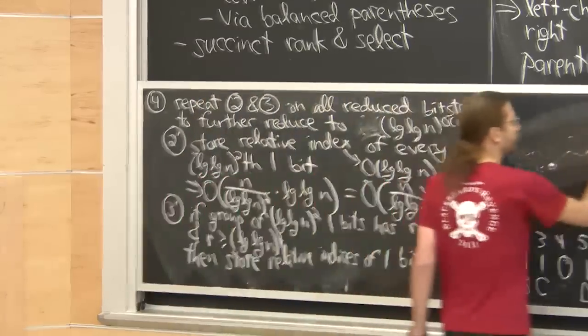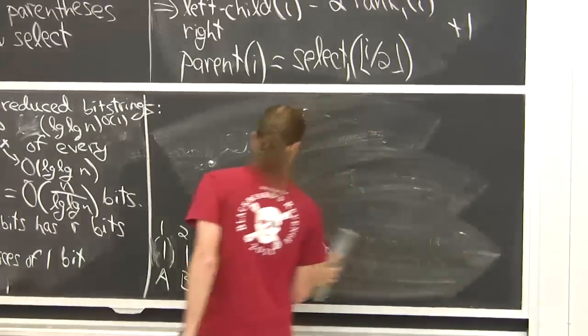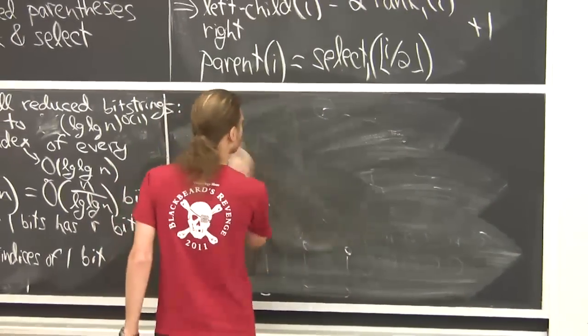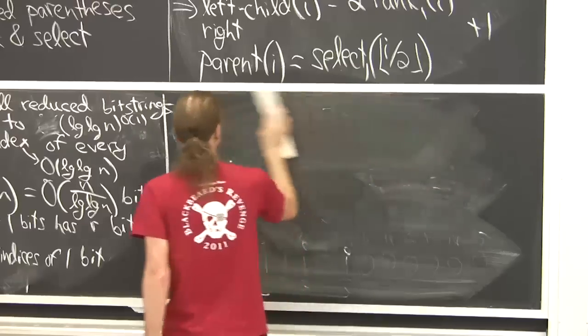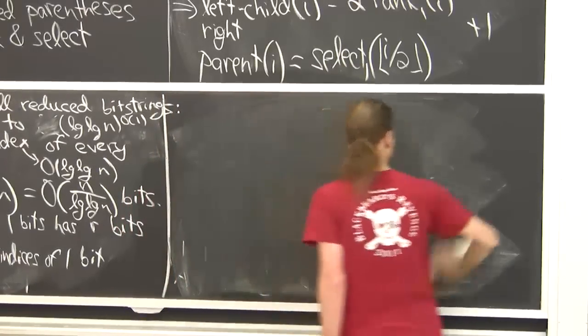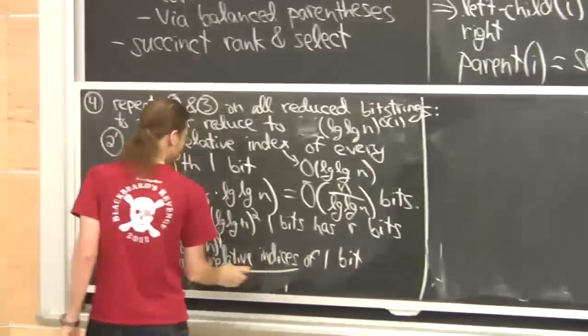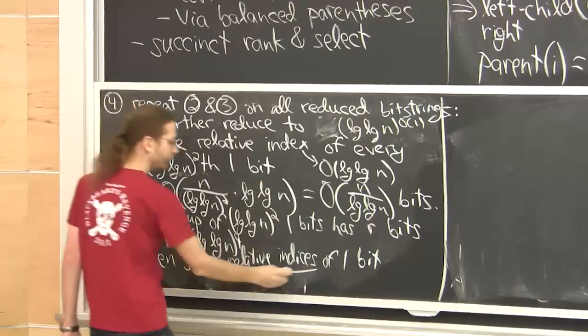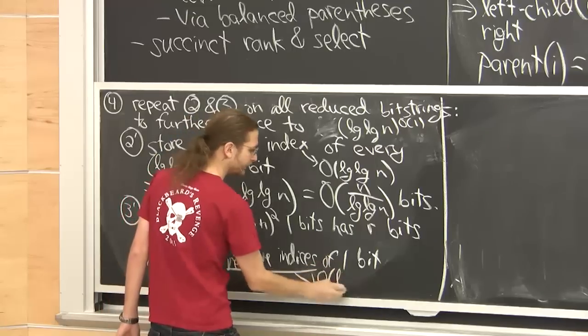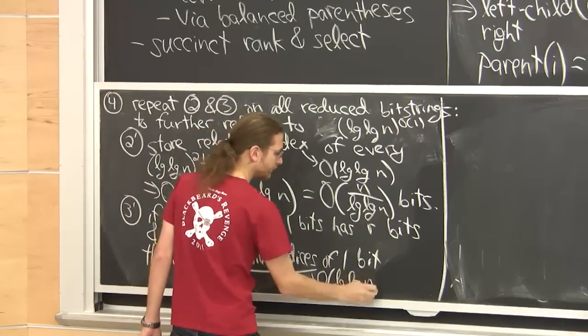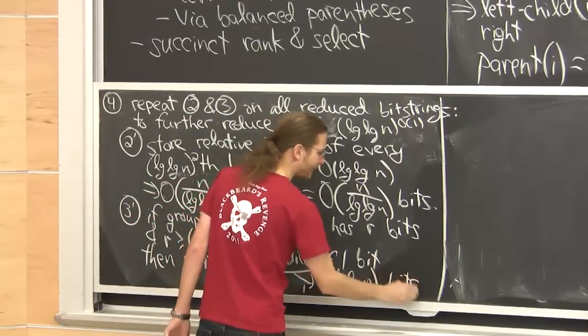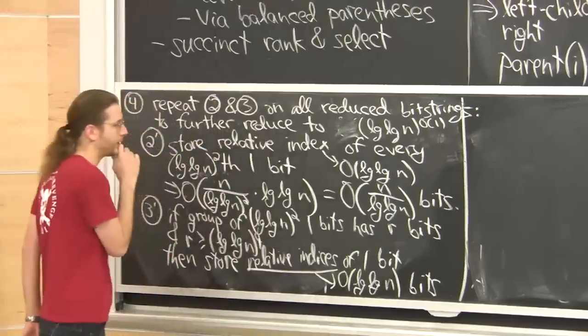Okay, let's go over here. So how much do these relative indices cost? Again, it's at most order log log n bits to write them down.